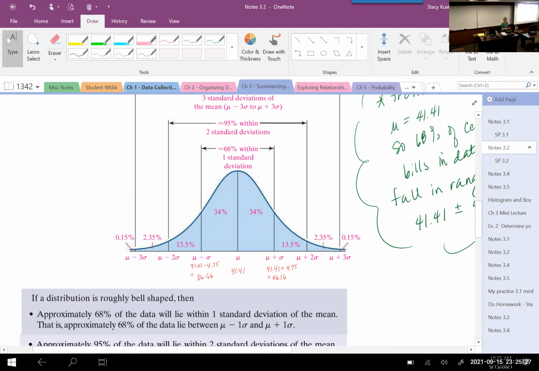Which makes sense, because the empirical rule is only talking about the mean and the standard deviation, and the mean and the standard deviation are not appropriate for skewed data because they are easily influenced, aren't they? So we can only apply this empirical rule with these percentages to data that is not skewed, okay?